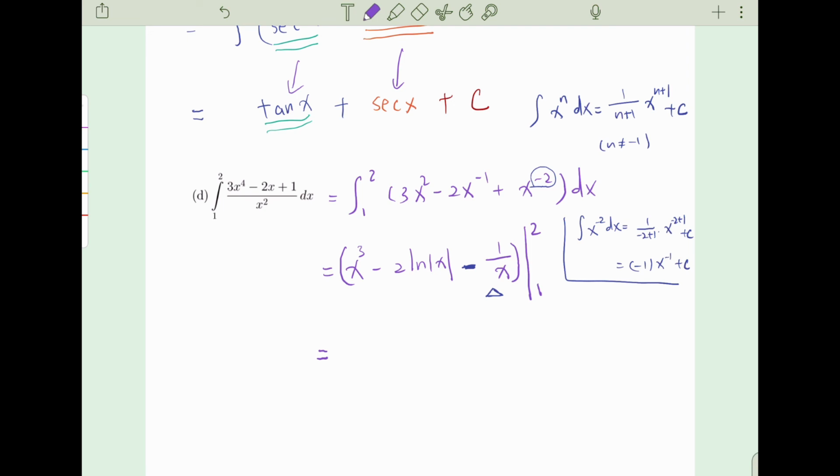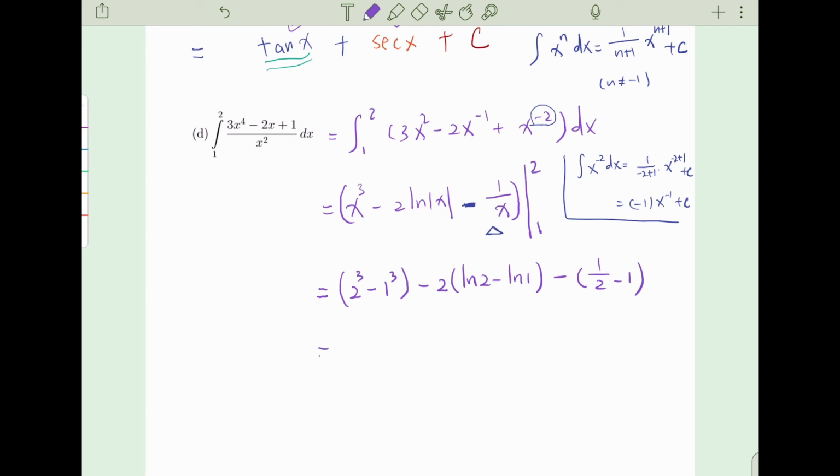It's going to be 2 cubed minus 1 cubed for the first term. For the second term, it's 2 times ln of absolute value of 2 minus ln of absolute value of 1. Minus, this is going to be 1 over 2 minus 1.